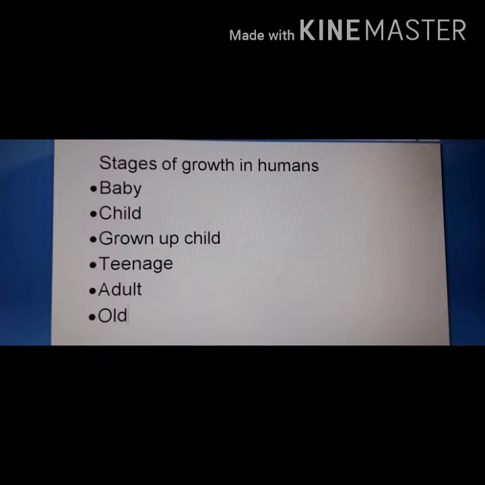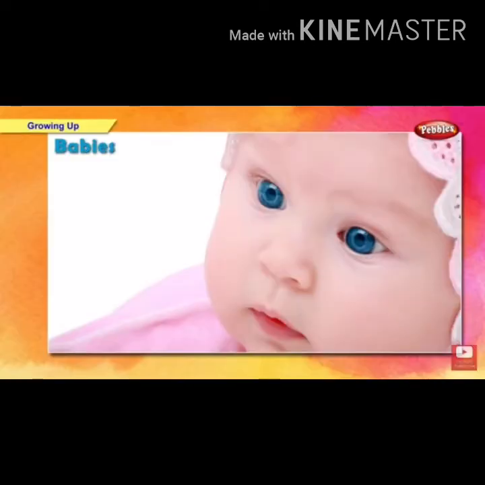I am repeating it once again. The first stage is baby, then child, then grown up child, then teenage, then adult, and the last stage is old. Let's study in detail. The first stage is baby or infant.